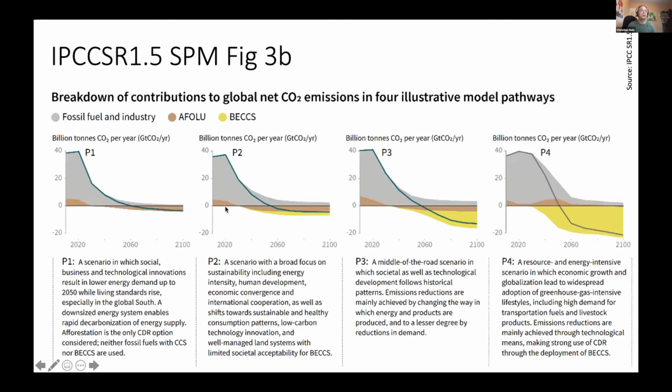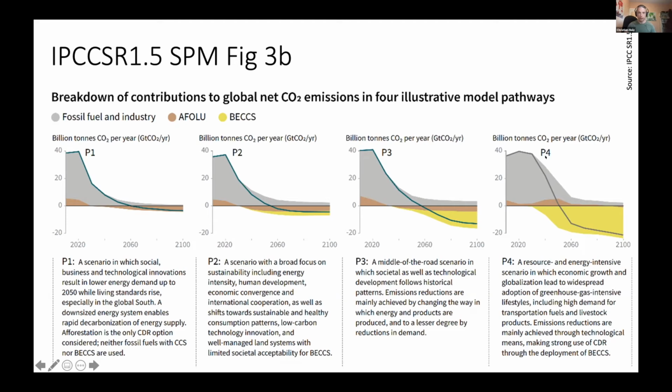So this is a picture from the special report on 1.5 that shows some of the main types of scenarios. These are 4 representative or illustrative model pathways. And what they show us quite clearly is that you can draw lots of different pathways that all lead to 1.5 degrees in 2100.